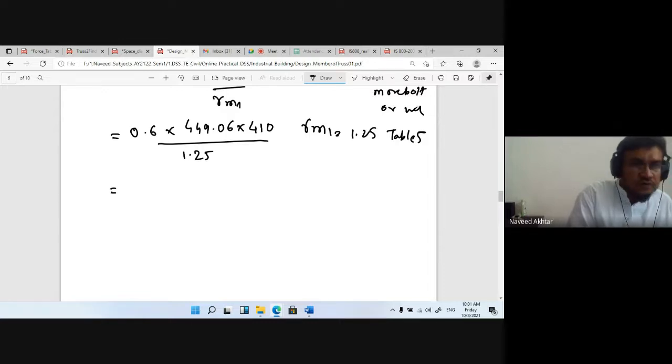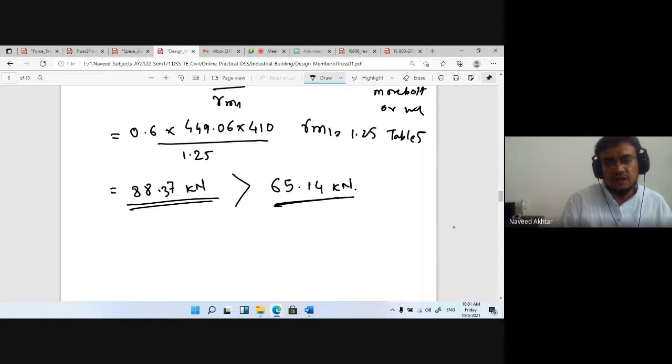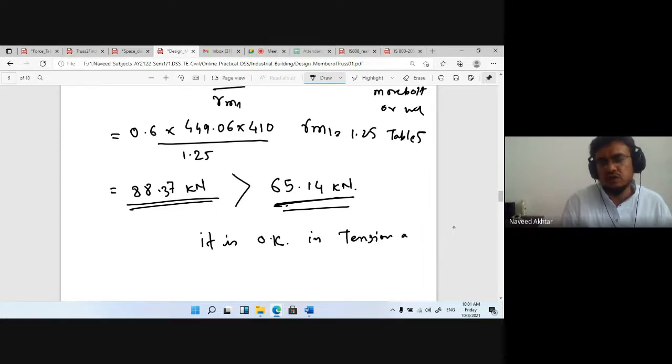So 0.6 into 449.06 into 410 divided by 1.25 comes to 88.37 kilonewton, which is greater than 65.14 kilonewton. Hence it is okay in tension also.